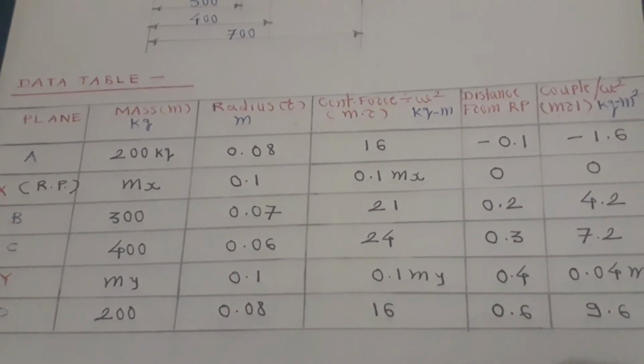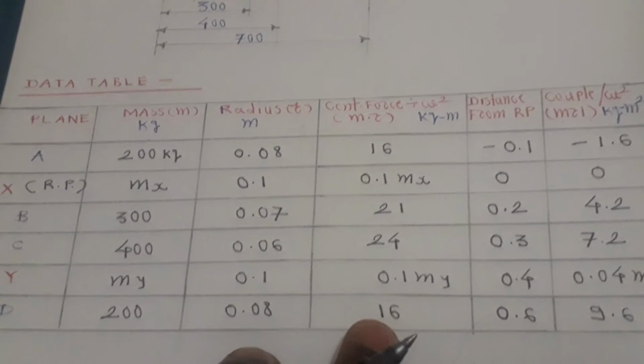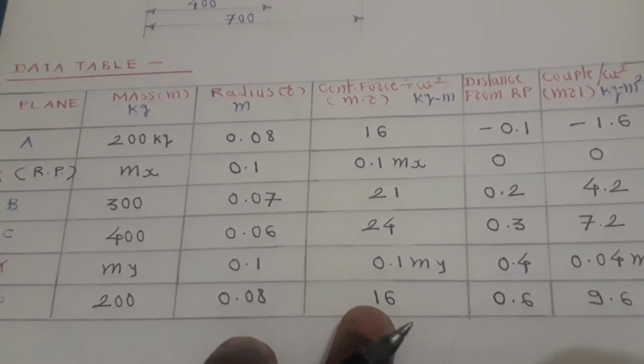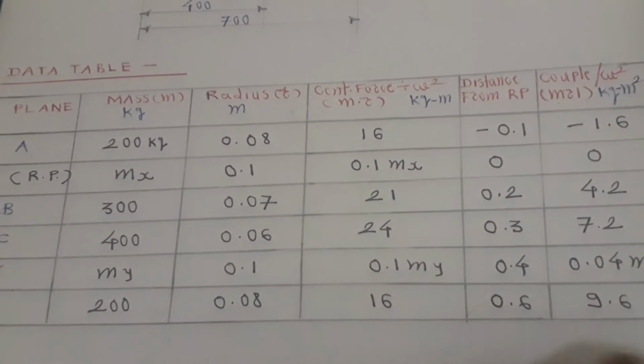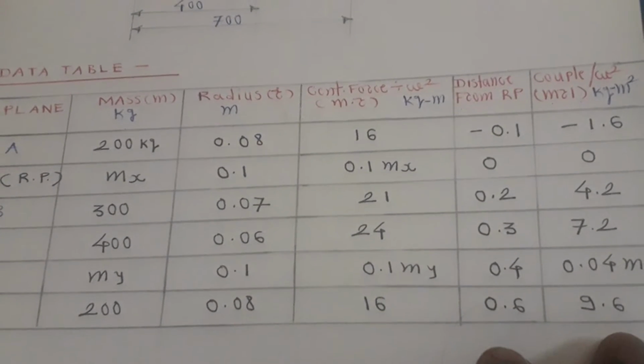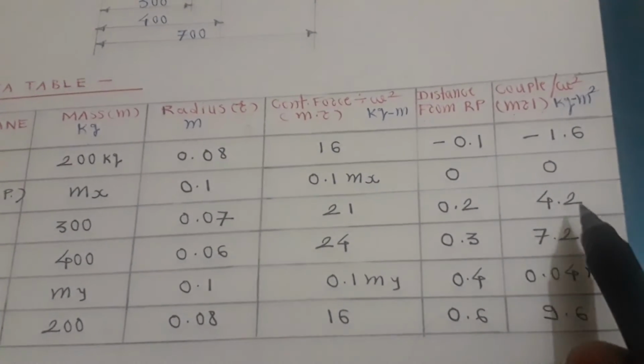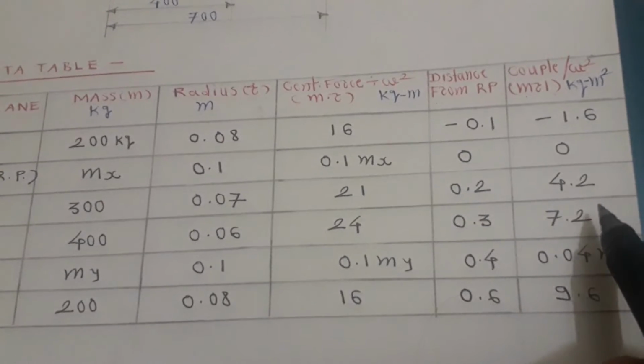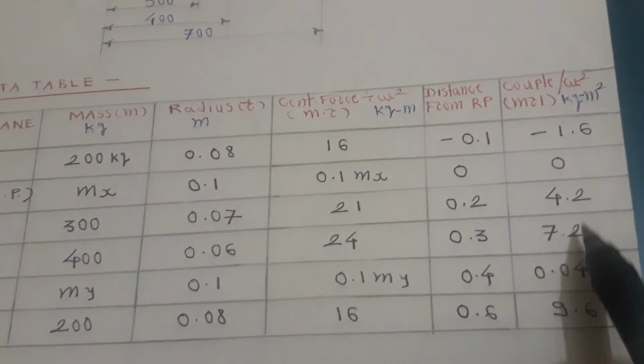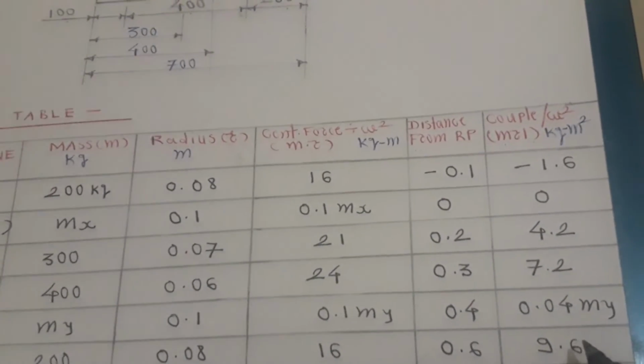Okay, so the forces should be balanced, that means the resultant must be 0. And for the next case, the couples about the reference plane must be balanced, that means the resultant for the couple is also 0.